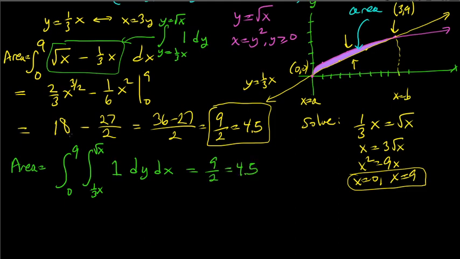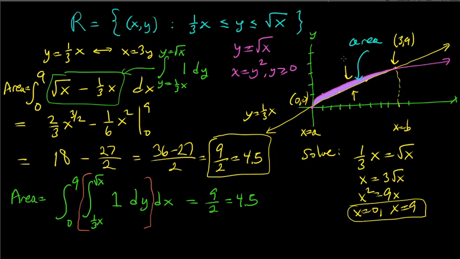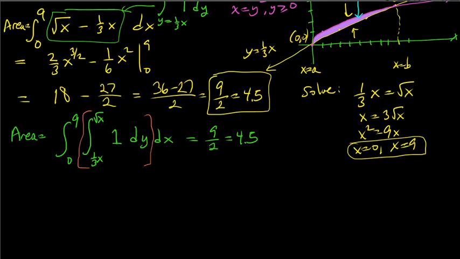We just did not think of this inside integral as an integral of 1. We just thought of it as the top curve minus the bottom curve. But that's what you get when you integrate this. When you integrate 1, what do you get? You get y, evaluated between 1/3 x and the square root of x.